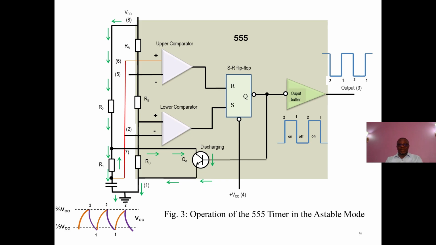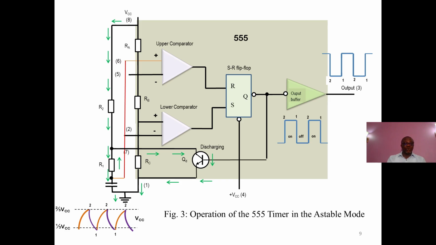So as that is happening, if you look down where we have the waveform like a sawtooth that I put in orange and purple, you see that at 1/3 VCC, the lower comparator starts charging and the signal continues to go up.